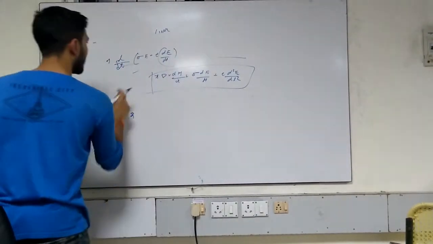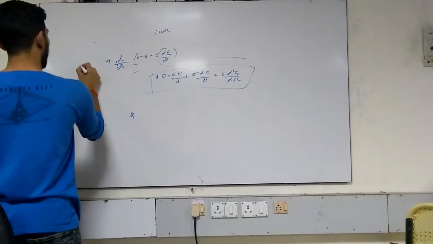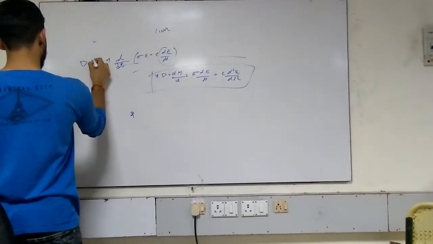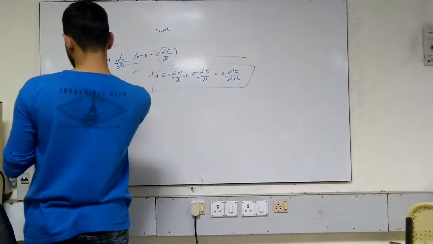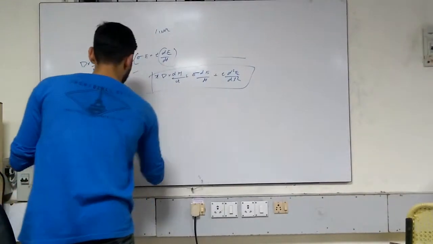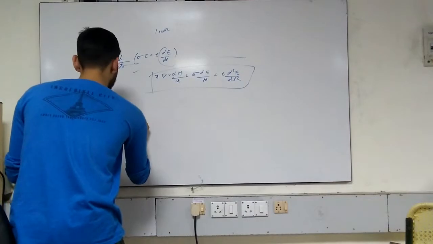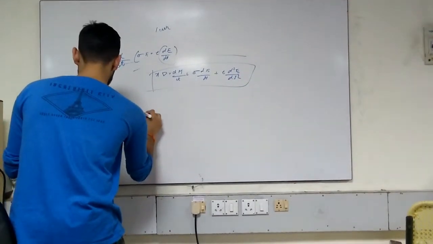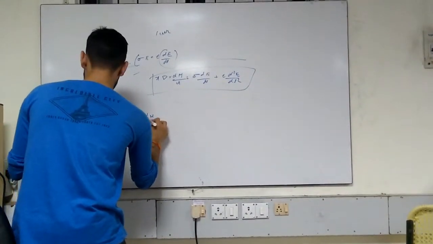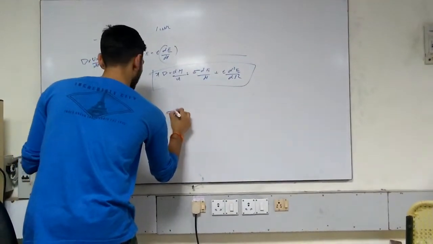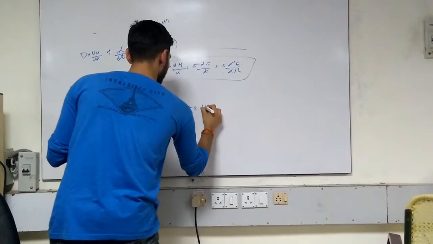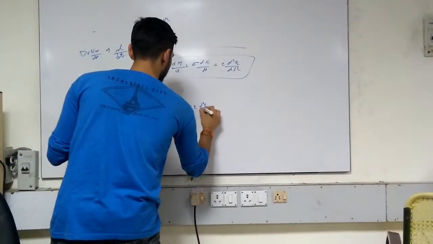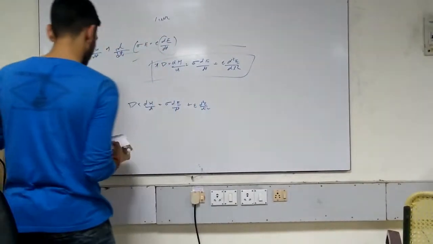So after that, we get the equation as we wrote, del cross dH by dt on the other side. So taking all these factors on the other hand side, or just letting it be in the general form, we can write it as del cross dH by dt is equal to sigma times dE by dt plus epsilon times d square E by dt square.